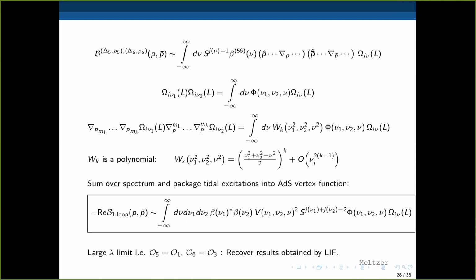Is that correct? Yes, I think so. It's the same data, but in a different form. Okay, cool, thanks. It's in the form of correlators, not double trace OPE data.